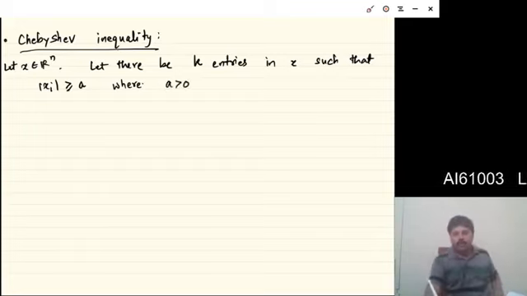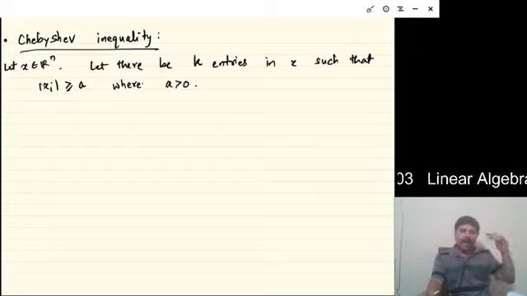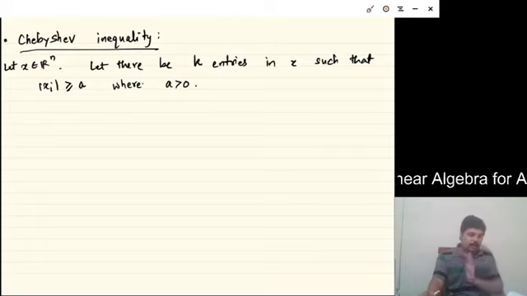So you find some real number A, and what are you saying? That there are k entries in the vector such that the absolute value of those k entries is bigger than or equal to this constant number A.